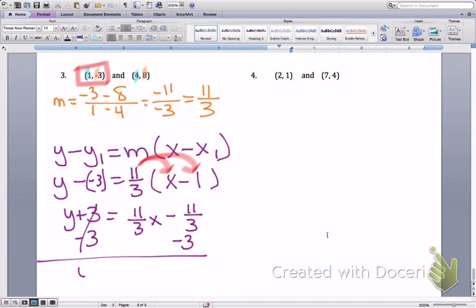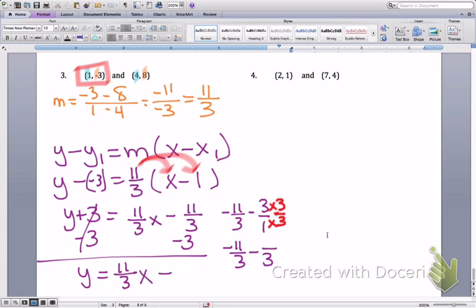So I'm going to have y equals 11/3 x minus whatever that is. So I'm going to do it here on the side. 11/3 minus 3. I'm going to put it over 1. I don't have common denominators. I need to get common denominators, which is going to be using the number 3, which means I'm going to multiply this one by 3 on the top and 3 on the bottom.